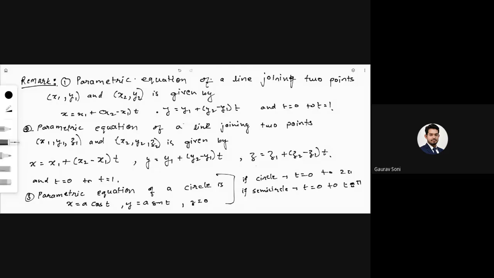And the fourth is the parametric equation of an ellipse.